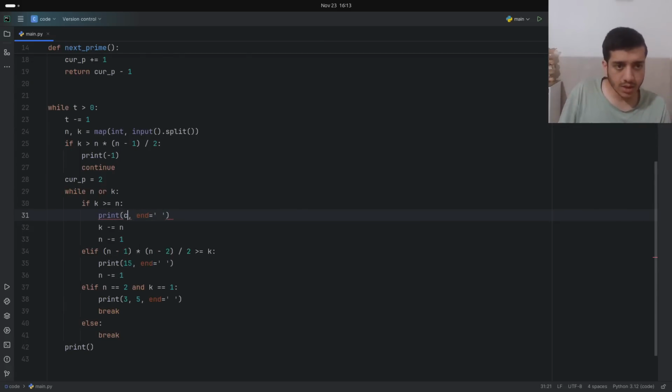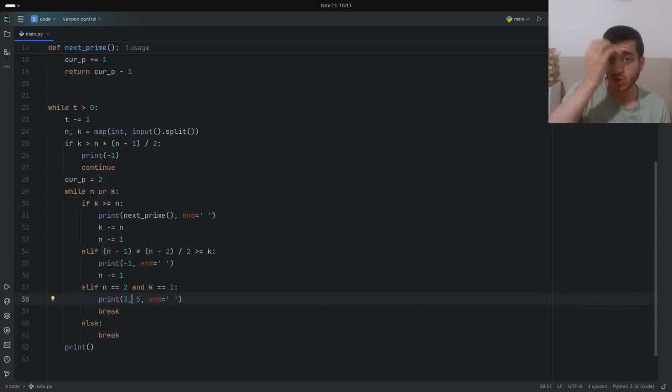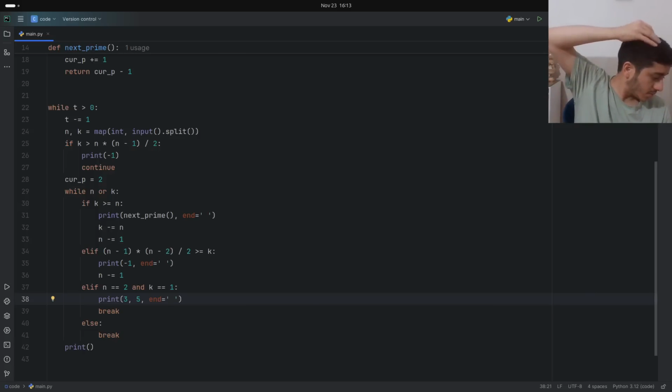If that's the case, I print next prime. If this is the case, I print -1, or maybe vice versa, because if I need to print so many of them, it's good to have small ones at the end.